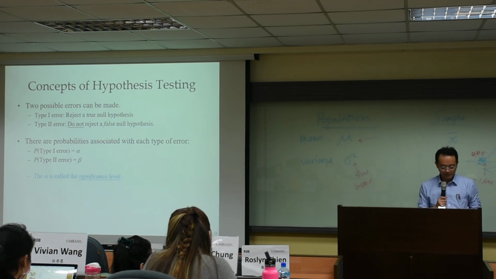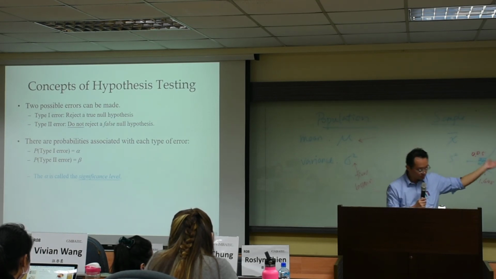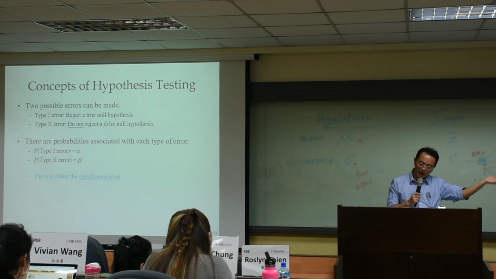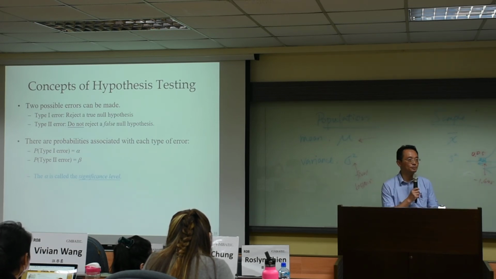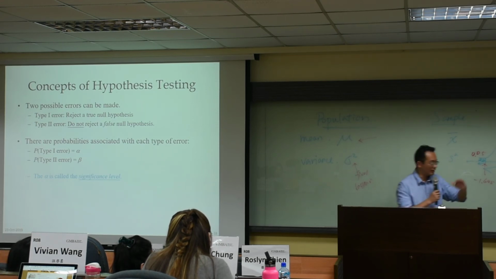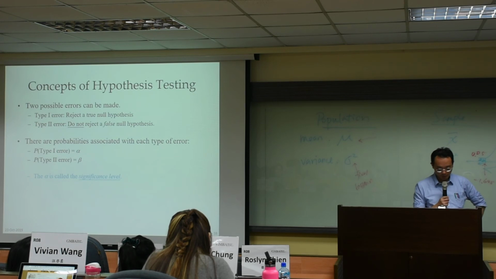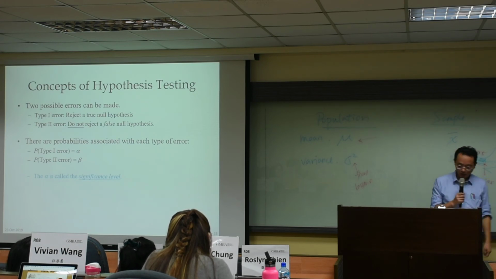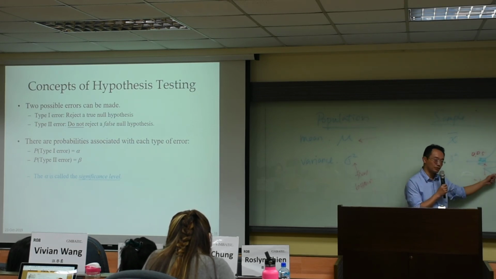We hope that we can reduce both alpha and beta, but it's very difficult to achieve these two goals simultaneously because there is an inverse relationship between the two. And alpha is called the significance level, so it's the same here.